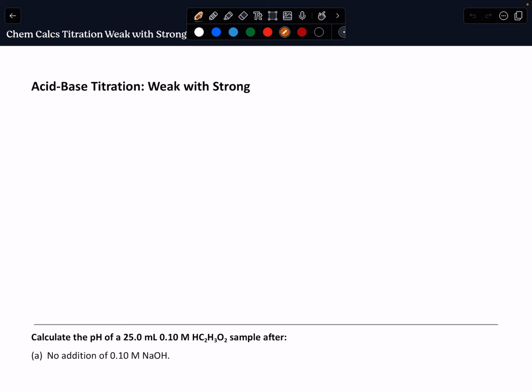Okay, now when we do this, we're going to see the same general phases as with a strong acid, strong base titration.